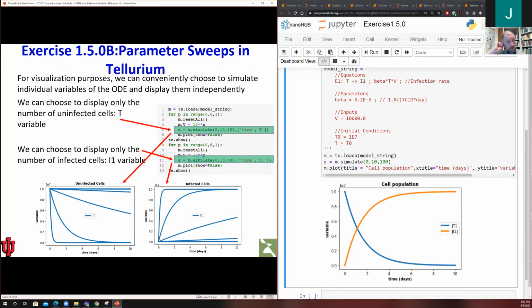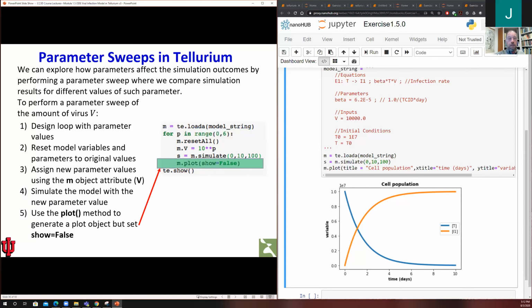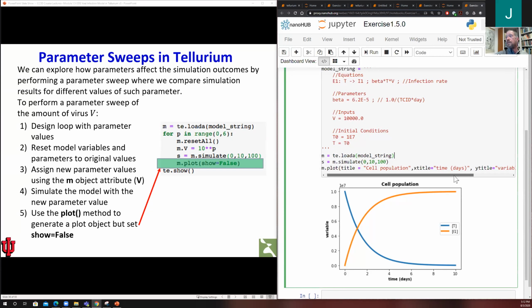Okay. Why doesn't everybody try actually running that? So there's a little exercise now. We can do that together, which is I want to copy the code that I've got there into the simulation that I have here. Okay, everybody do that.